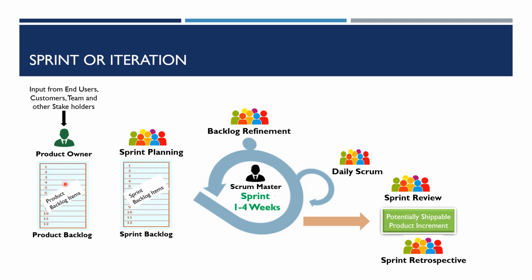Product owner ensures that the requirements are prioritized as per the business value. Then we have a sprint planning that happens on the first day of the sprint.